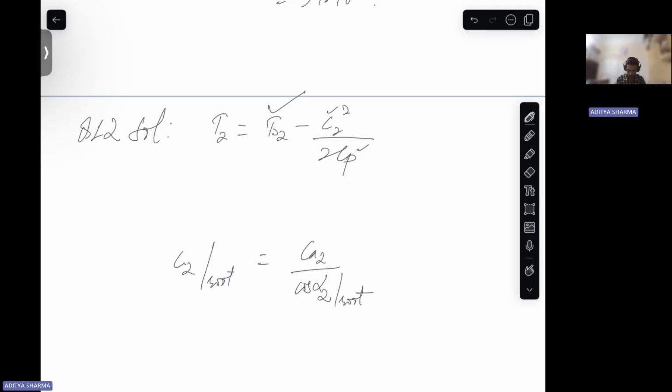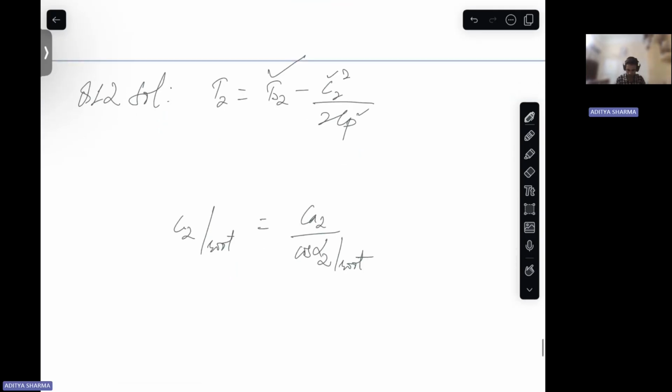From C omega 2 also we could have calculated, but if you remember the same thing, C2 comes out to be 403.70 divided by cos of 57.59 degrees.